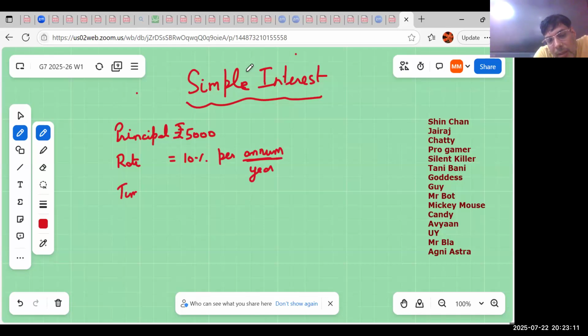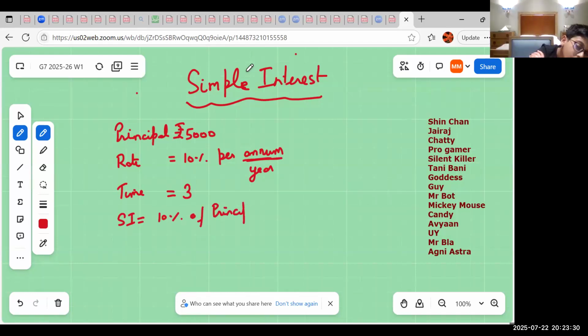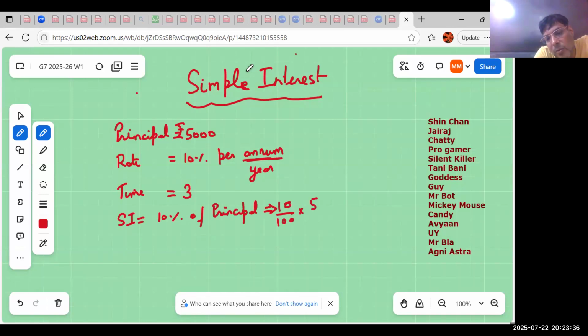What is the time? The time for which you have taken the loan. So time can be 2 years, 3 years, 4 years. It can be anything. So simple interest for the first year will be what? 10% of principal. That is equal to 10 by 100 of 5,000.